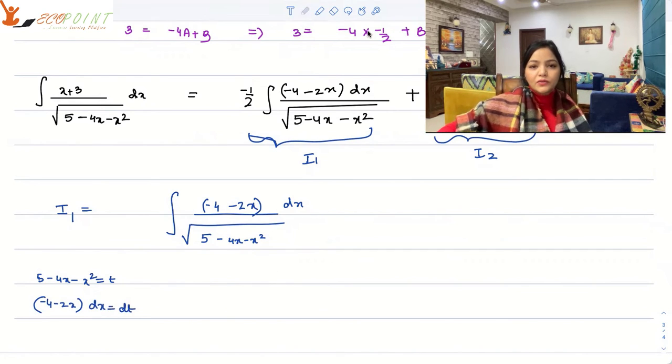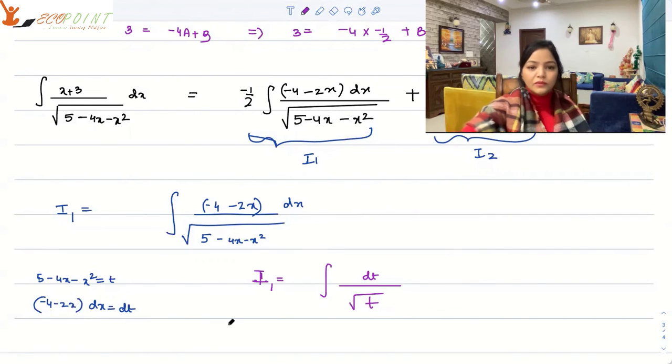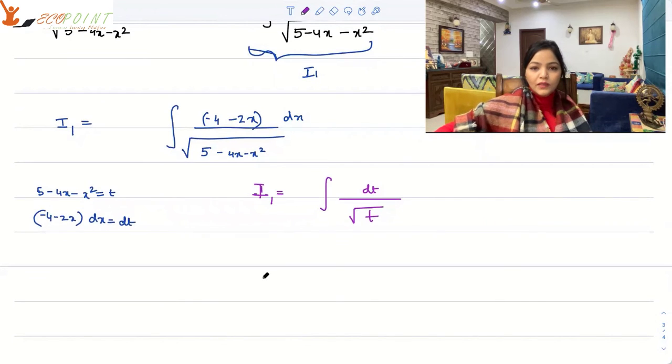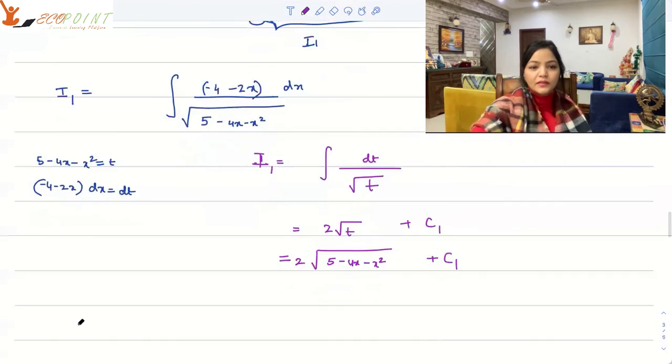And I1 turns into integral dt upon square root of t. Right? So now let's solve it. This will be nothing but 2 times root t plus c1, which basically means it's 2 times square root of 5 minus 4x minus x square plus c1, right?